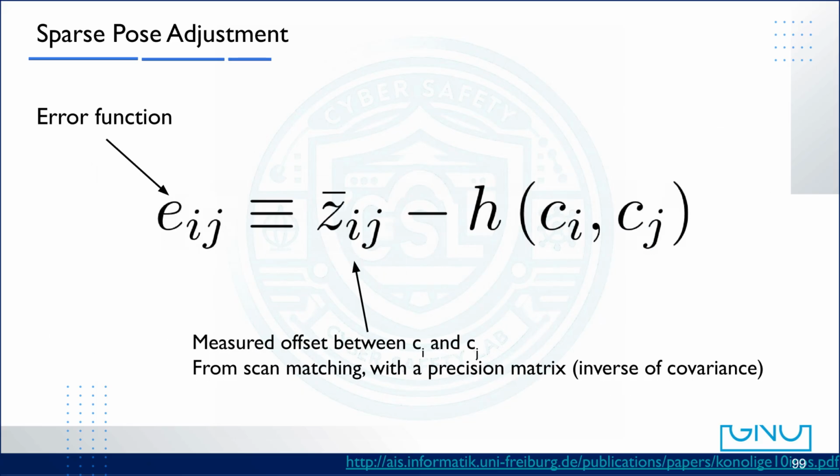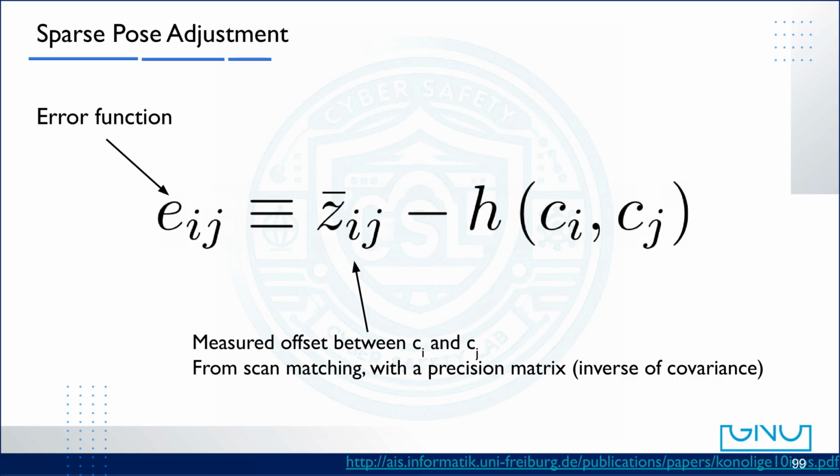Next is the concept of the error vector, which plays a central role in sparse pose adjustment. The idea is simple. The error is the difference between two things: what the robot actually measured through sensors, and what the current pose estimates predict using the constraint function. The measured value usually comes from scan matching, for example, using LiDAR data. Because sensor measurements contain noise, they may not perfectly match reality.